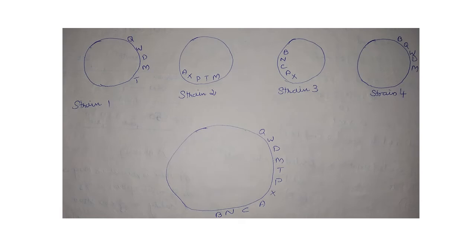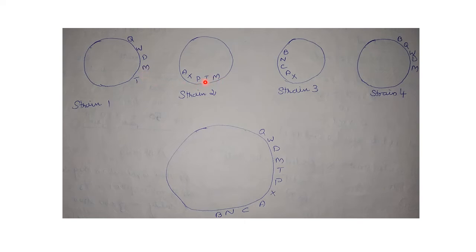So these are the strains, that is strain 1, strain 2, strain 3 and strain 4. You will see that the markers have been arranged like this on the strains. When you join all these, see here QWDMT. Now where does T come? T comes here. That is AXPTM. So TM.